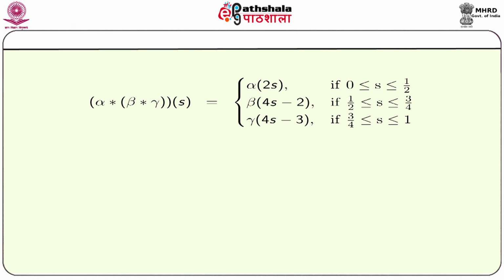On the other hand, when we take alpha star (beta star gamma), the closed interval [0,1] is broken up into 3 portions, but now the portions are 0 to 1/2, 1/2 to 3/4 and 3/4 to 1. The first part is followed by alpha, the second part 1/2 to 3/4 is obeyed by the rule beta, and in the third portion 3/4 to 1 it is gamma.